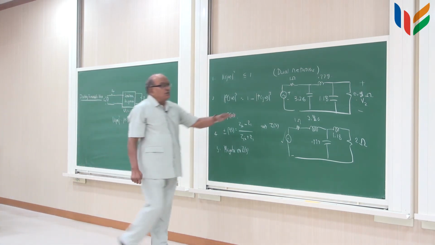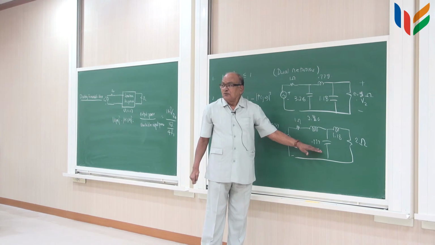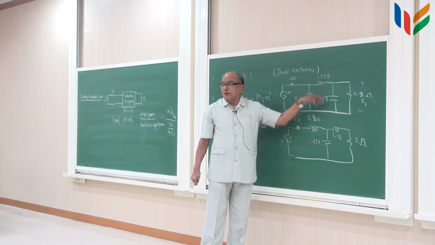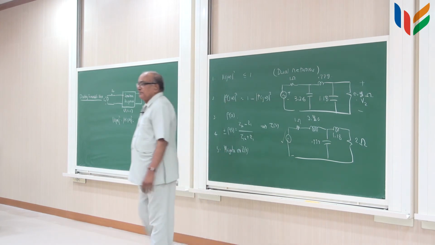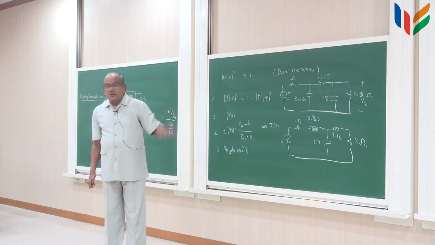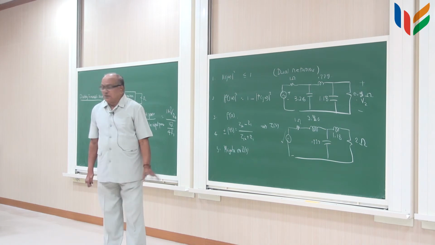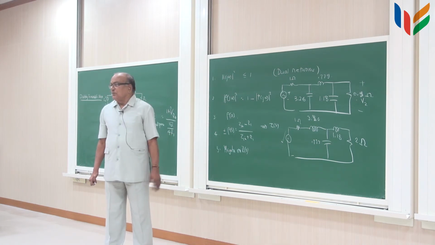There is a pi filter, there is a T filter. It looks like a T, this looks like a pi. So the pi structure and there is a T structure. Both of them will give you exactly the same Tj omega square, only thing is loaded by different values of resistors.